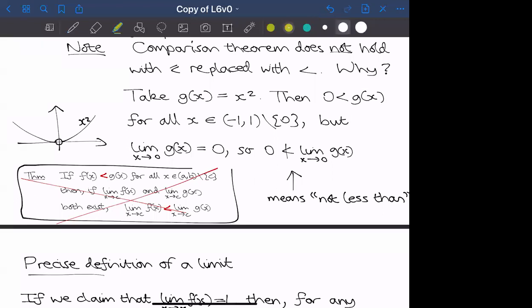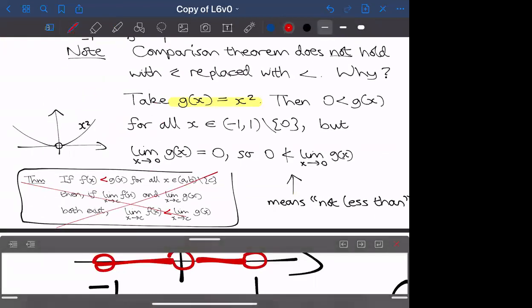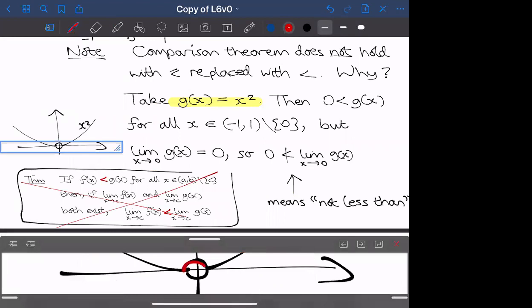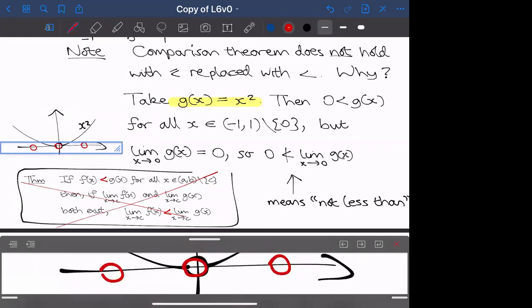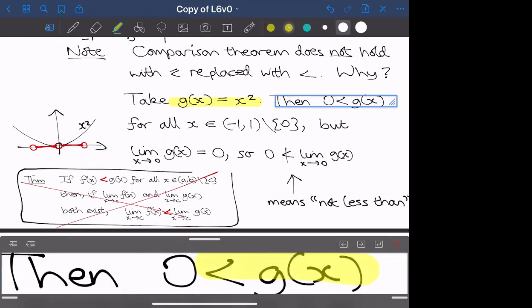Well, take this example, g(x) equals x squared. Then, on the domain -1 to +1 with 0 removed, on that domain, g(x) is greater than 0.